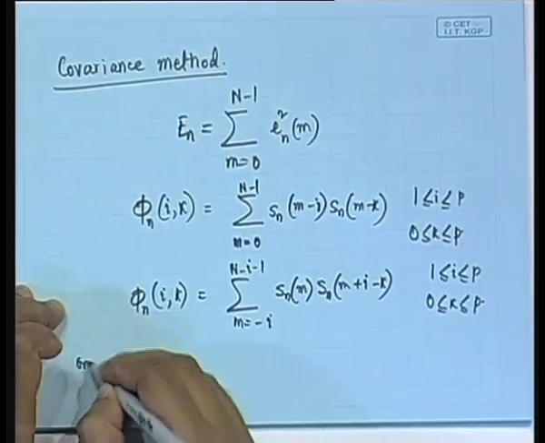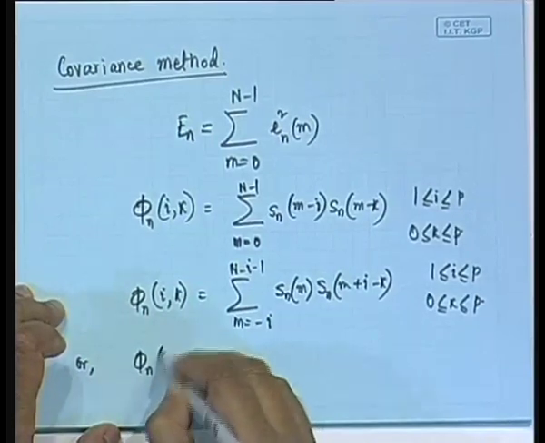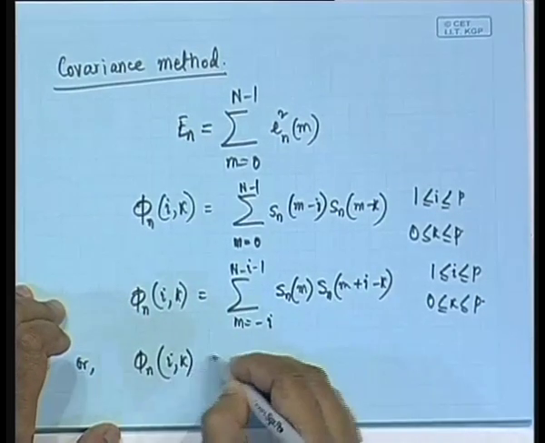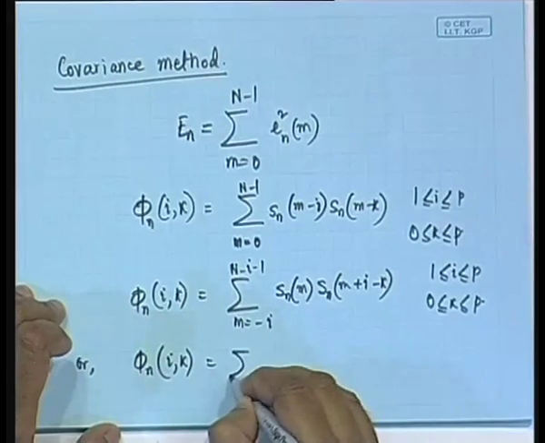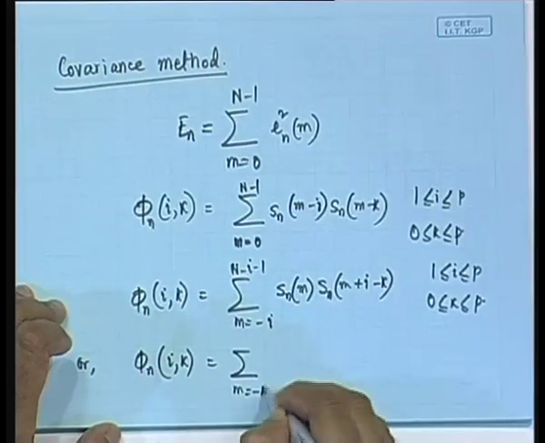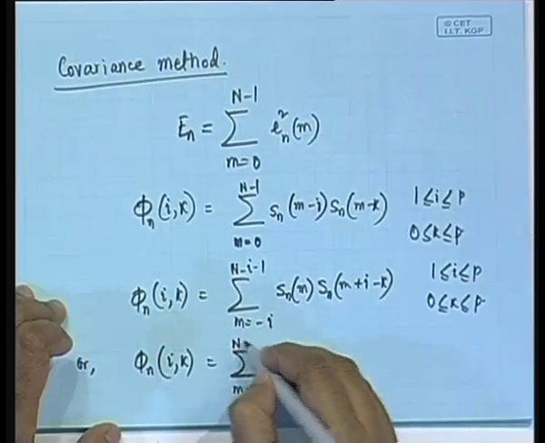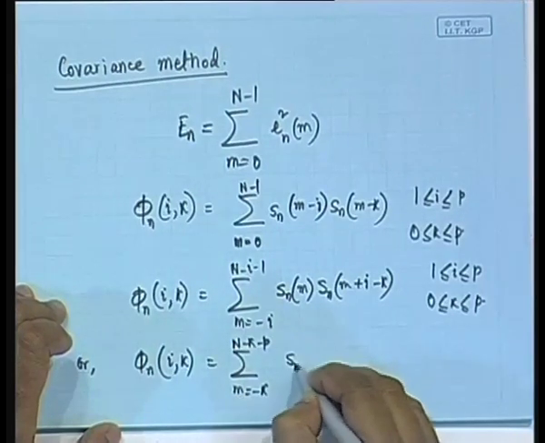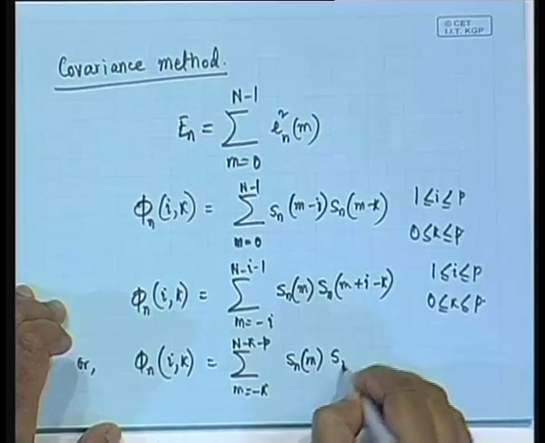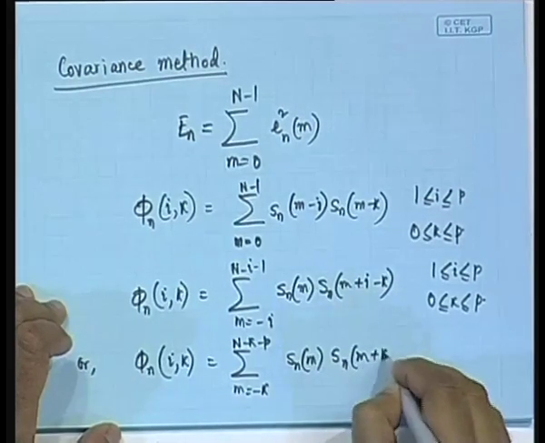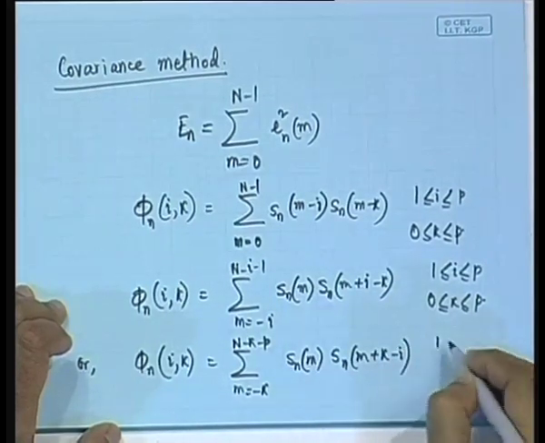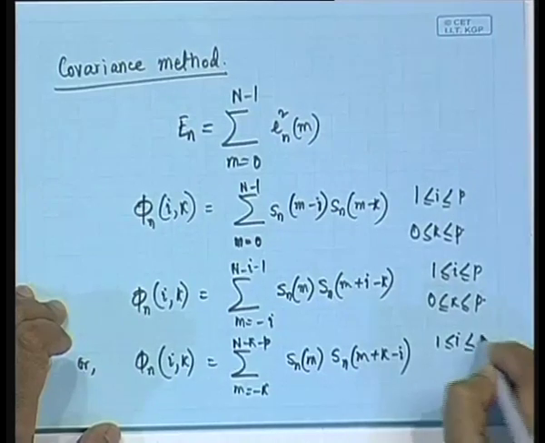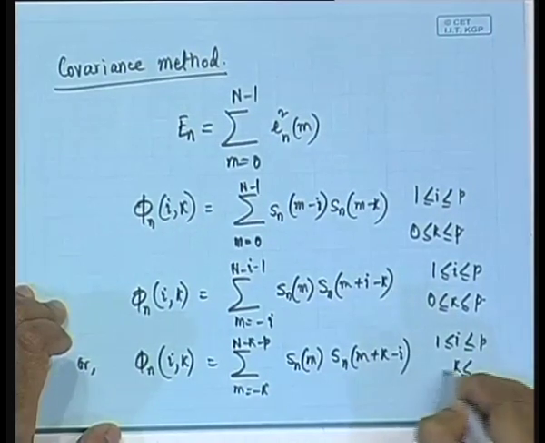Or we can also write phi n I k as the summation m is equal to minus k to n minus k minus p of Sn m plus k minus I, again I between 1 to p, k between 0 to p.